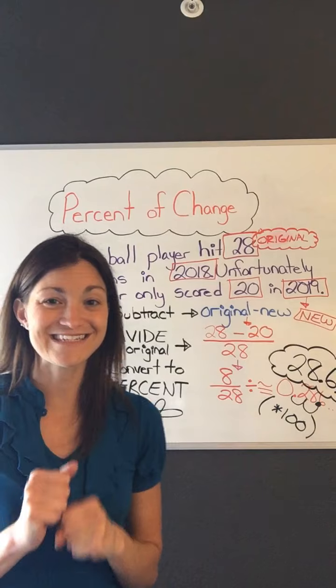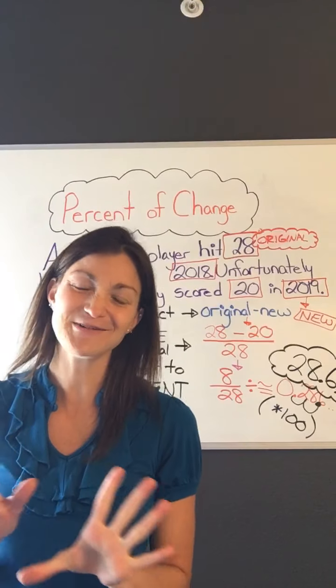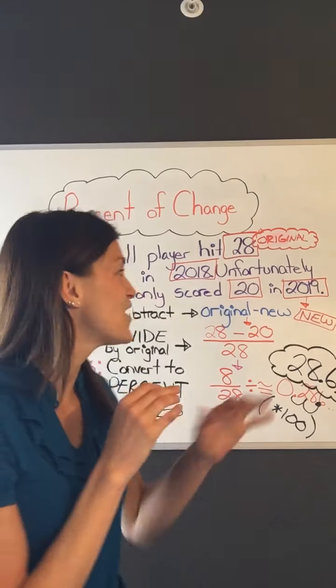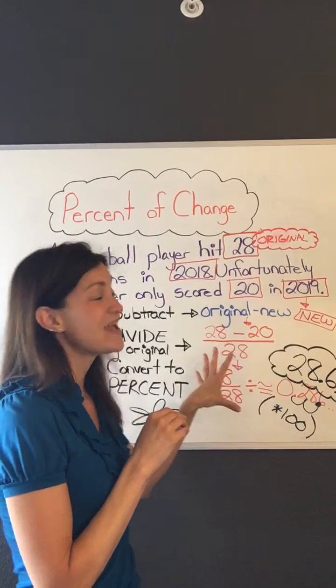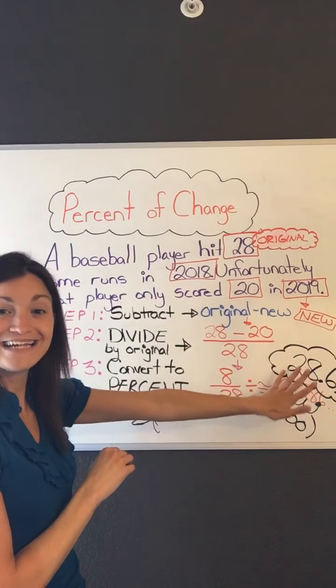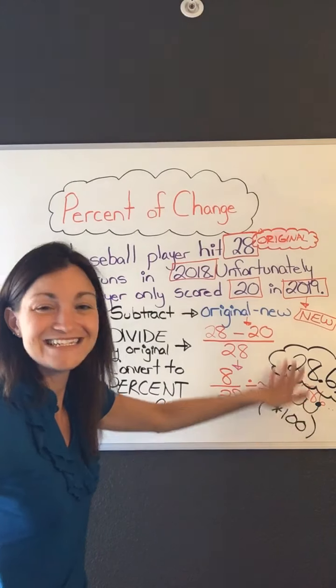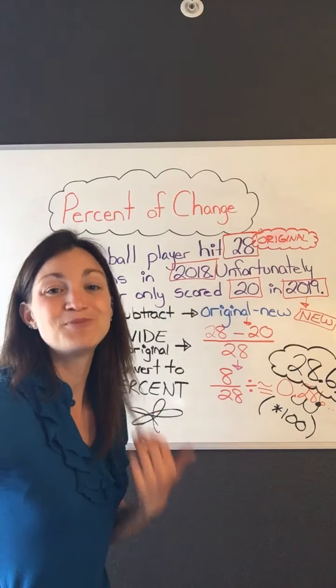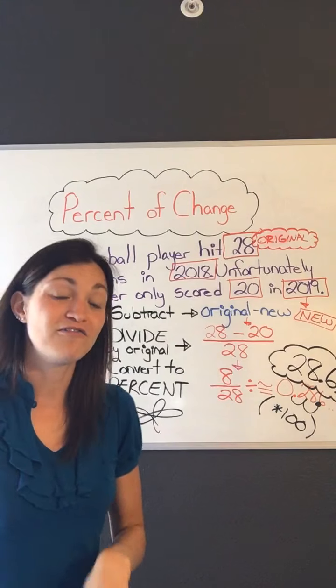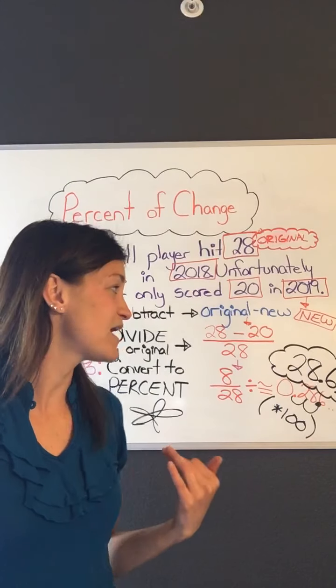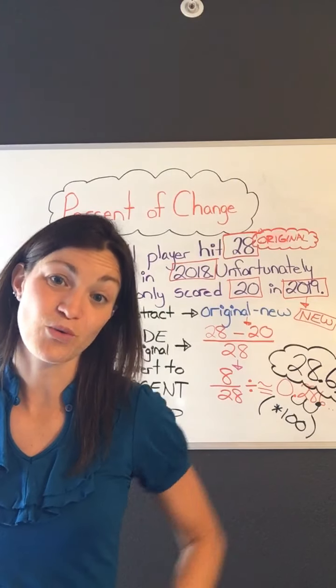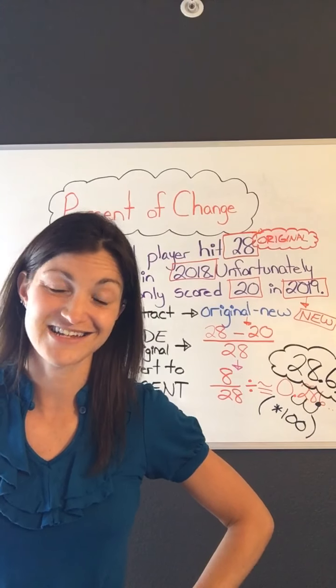So, to be snazzy and end this with a final lovely cherry on top, this individual took a 28.6% decrease. So this player decreased 28.6%.